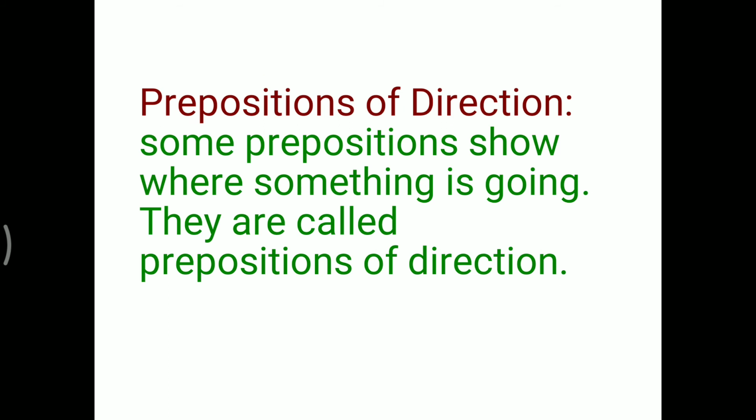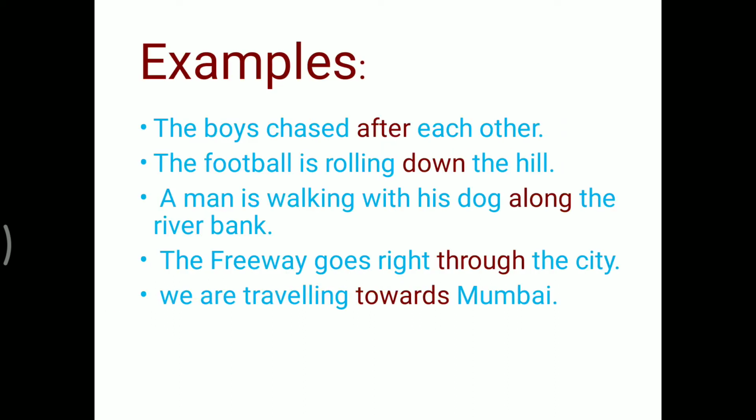The third type of preposition is the prepositions of direction. Some prepositions show where something is going. They are called prepositions of direction. They show direction. For example, the boys chased after each other.